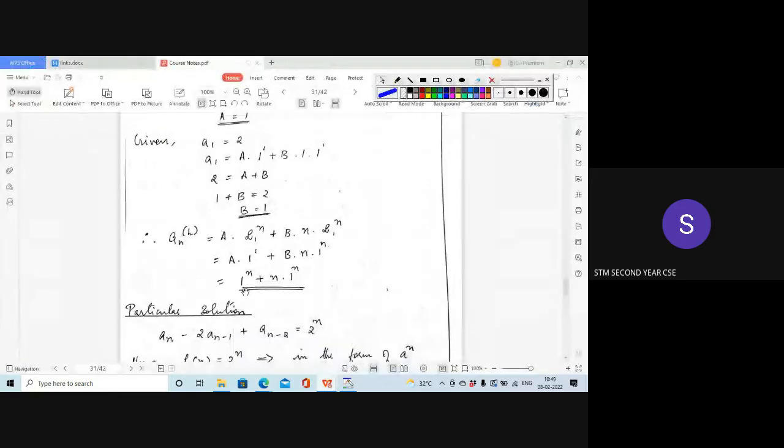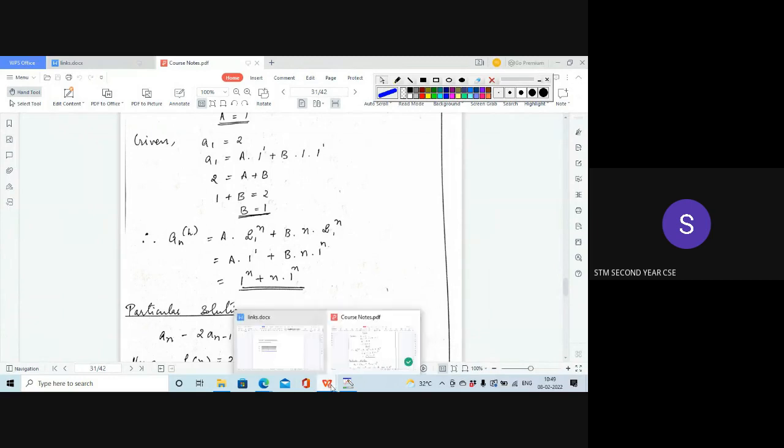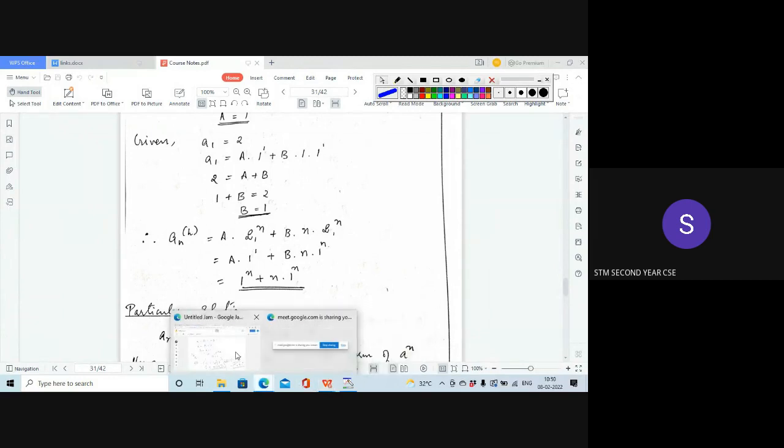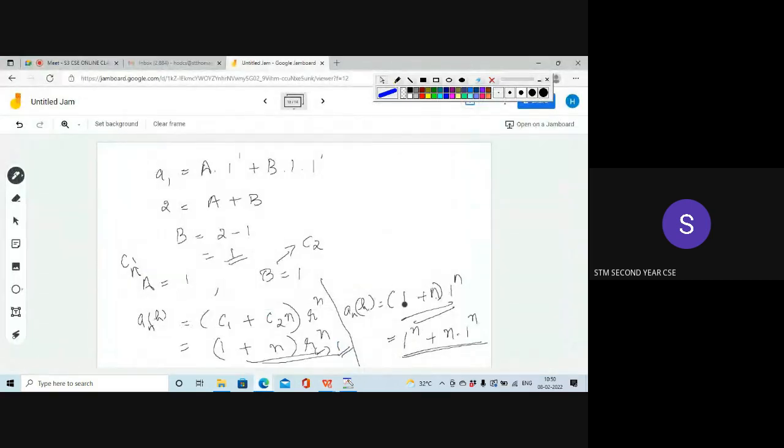See, 1 raised to n plus n into 1 raised to n. I just opened this bracket. That is 1 raised to n into 1, you get 1 raised to n, plus 1 raised to n into n, you get n into 1 raised to n. This is the homogeneous solution. Since the n term is there, we are not solving for it, we are just putting it as such. Now let us move on to the particular solution.